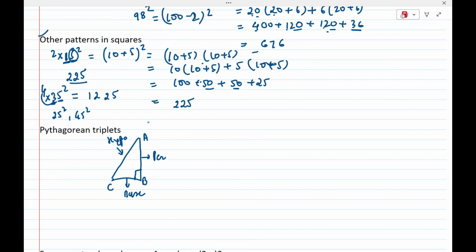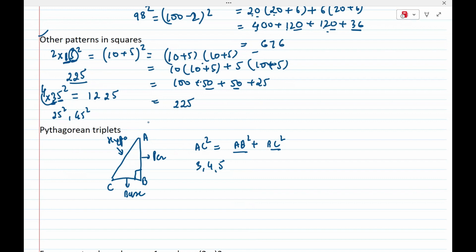So the Pythagoras theorem says the side opposite to the right angle, means the hypotenuse square, is the sum of the squares of the other two sides. Means hypotenuse square is the sum of the square of perpendicular and base. This is the Pythagoras theorem. So if three numbers, take the example of 3, 4 and 5.